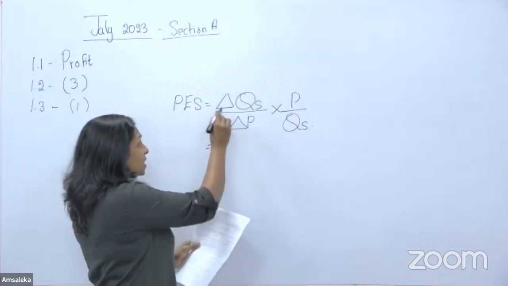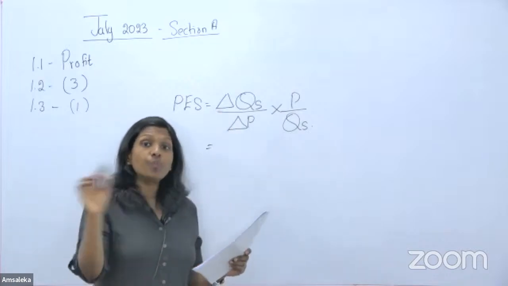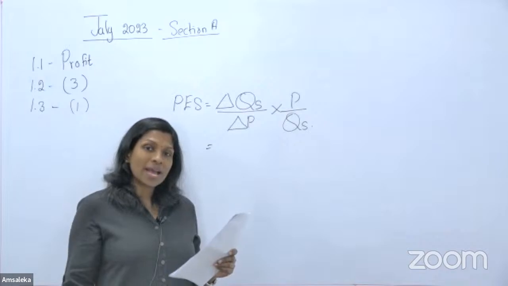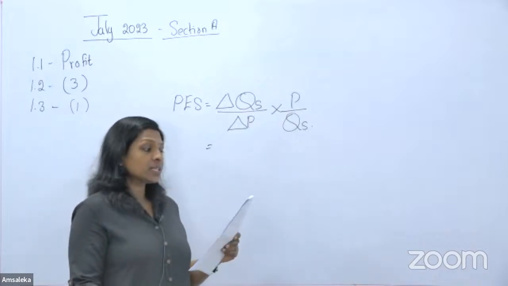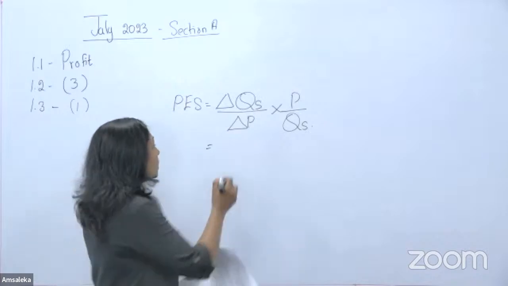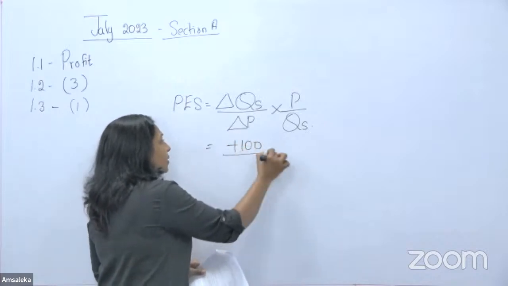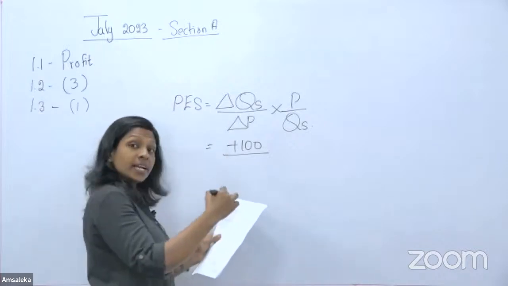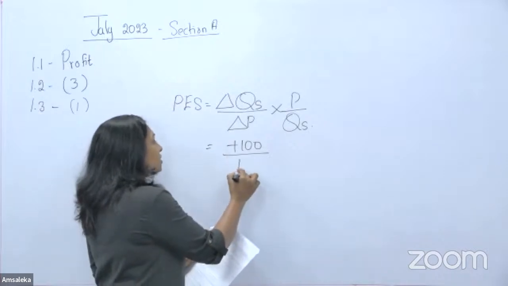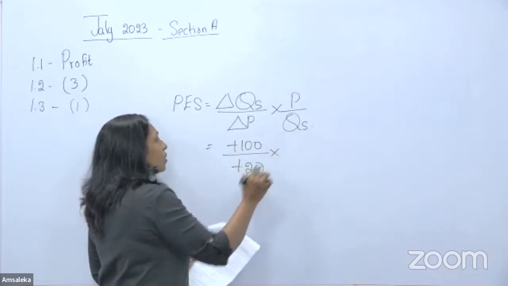The change should be with a plus or minus sign. Here delta QS increases from 1000 to 1100, so the change is 100. The price change is 100 to 120, so the change is plus 20.